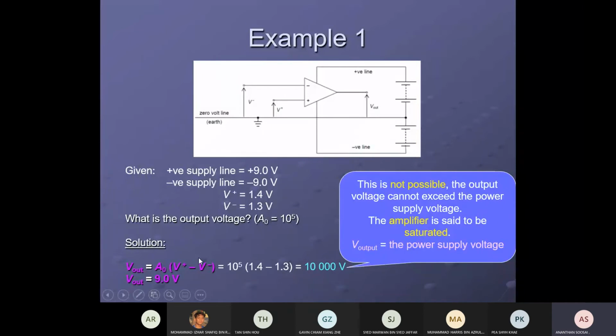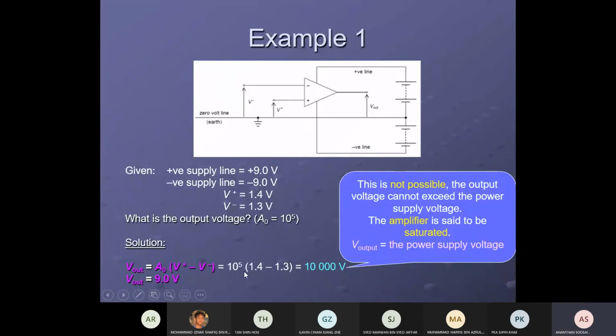Same thing, same story here. The op-amp is like the manager of the bank. He only instructs. But who is going to give out the money? How much money is in the bank? The bank here will be the power supply. The power supply is only capable of giving from +9 to -9.